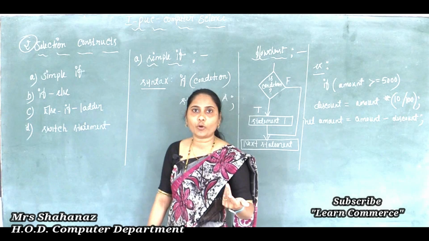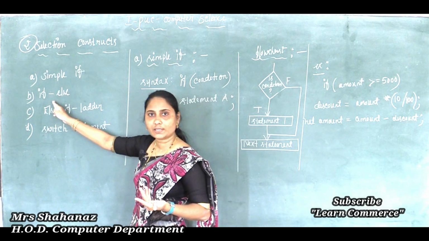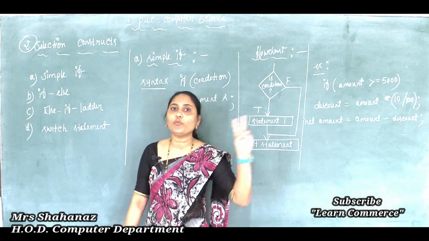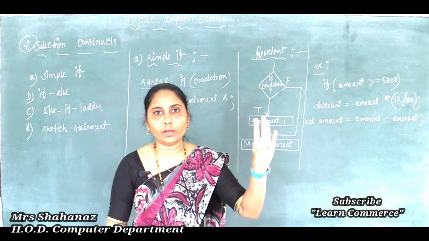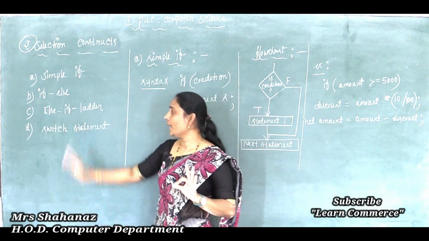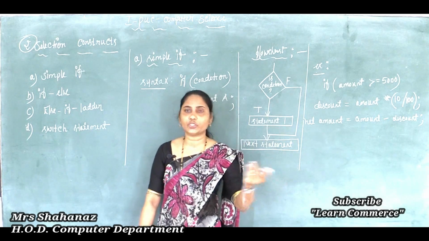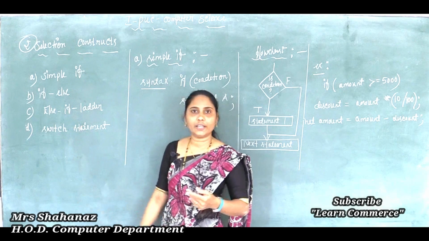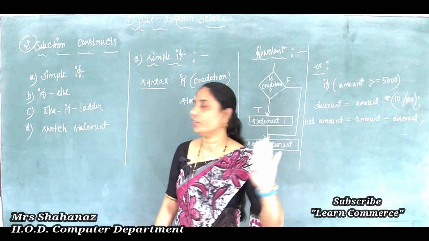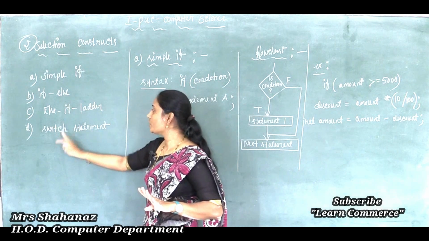Sometimes the program works with simple if, sometimes with if else, sometimes with else if ladder. In the else if ladder, there are 2 formats, format 1 and format 2. Later I will tell about all of them. And lastly, the switch statement. We select the statement for execution based on the condition, and it is divided into 4 divisions: simple if, if else, else if ladder, switch statement.